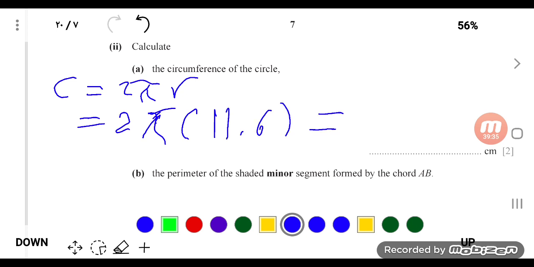Then you get the answer 72.8. Like this, you found the circumference.